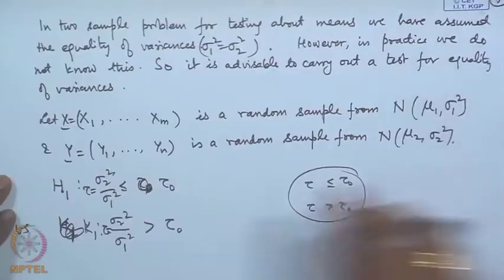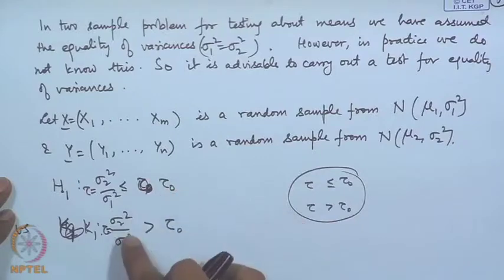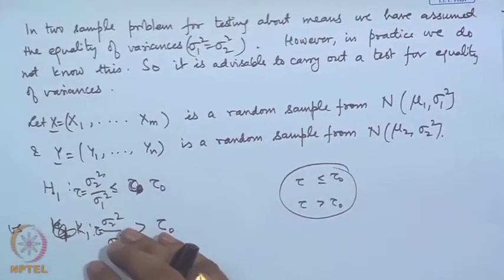In the last lecture I introduced the problem of testing, or you can say comparing, the variances of two normal populations. We had considered one particular type of hypothesis problem, that is sigma 2 square by sigma 1 square less than or equal to tau naught against sigma 2 square by sigma 1 square greater than tau naught, and the likelihood ratio test for this was derived.